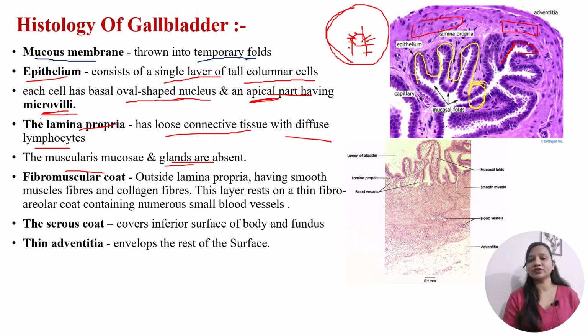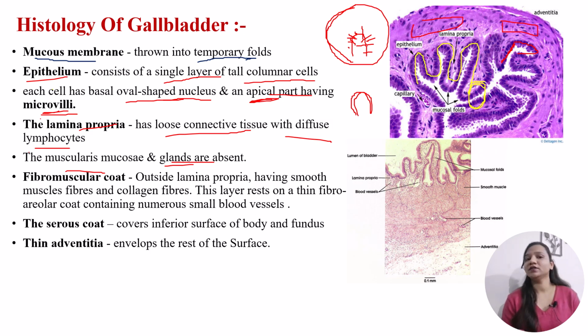Glands are also absent because there is no need of any gland secretion, because the gallbladder only stores and does the function of absorption. It does not secrete any kind of mucus here.